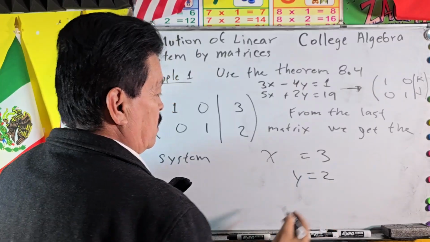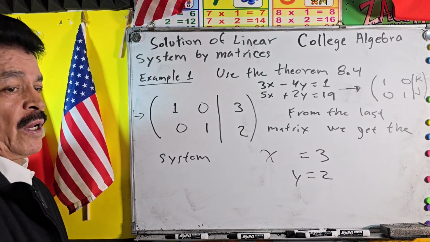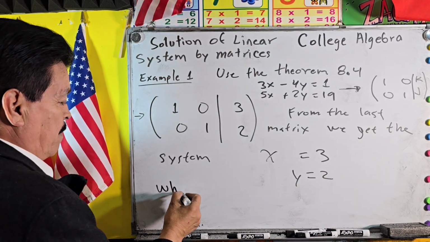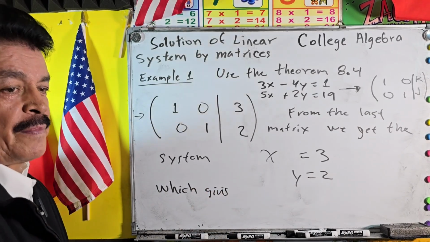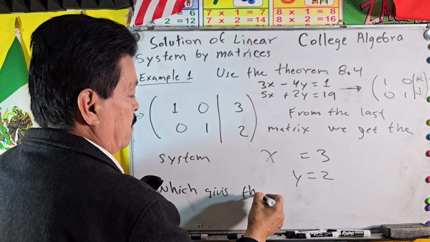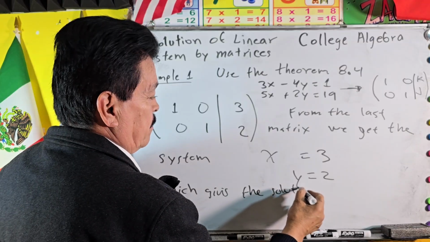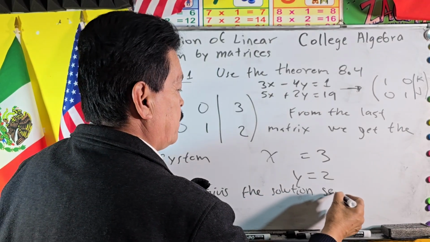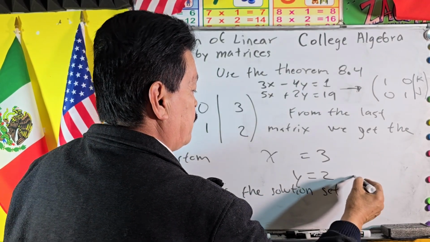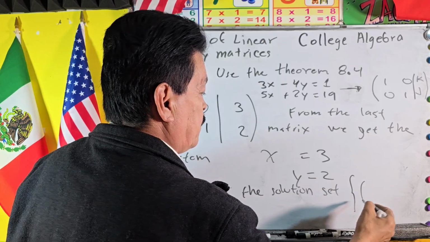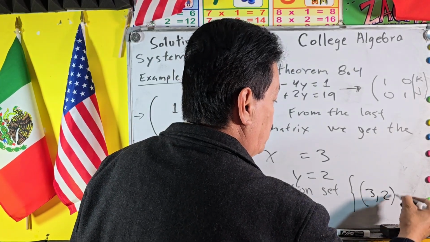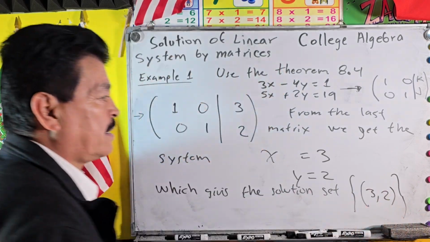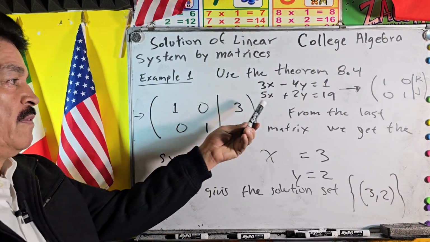Which gives the solution set. The solution set equals (3, 2). That's the answer to our first problem.